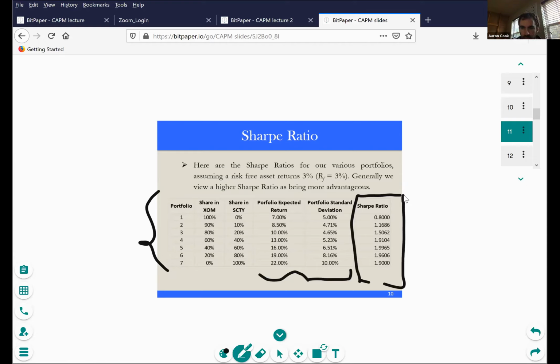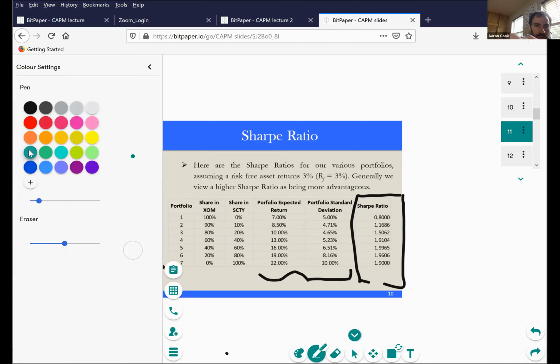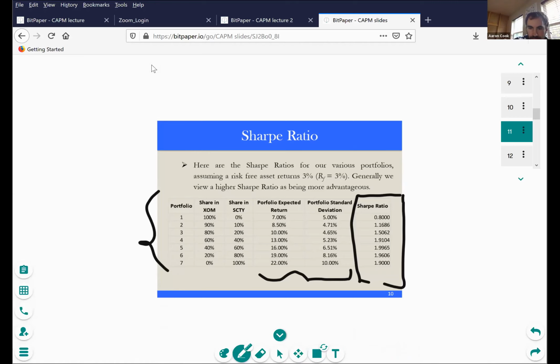So that's the numerical results for the Sharpe ratio. We have a maximum Sharpe ratio somewhere around portfolio 5, with 40% in ExxonMobil and 60% in Solar City.